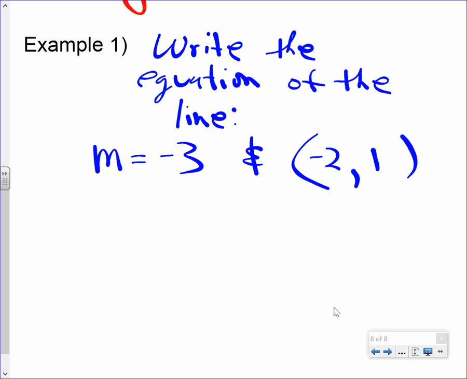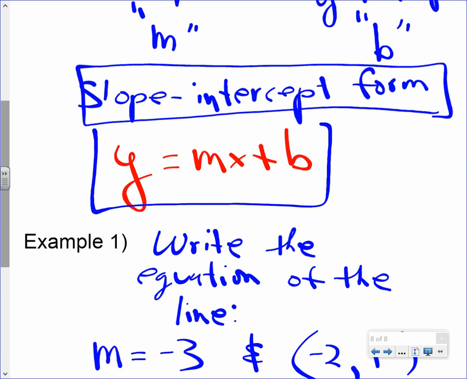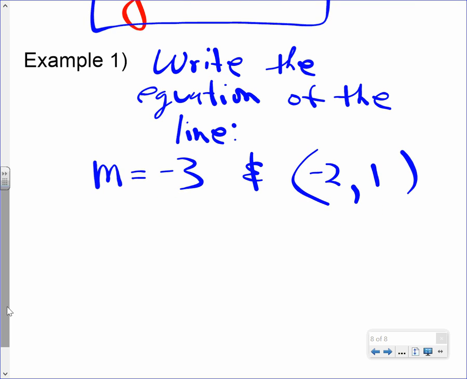Now, the mission is to write the equation in slope-intercept form that looks like this, given the slope and a point that it passes through. Right now, we don't have to graph it. Just imagine a line passing through that point, negative 2, 1, on the coordinate plane. It has a slope. I'm asking, give me the equation of that line that you're imagining.